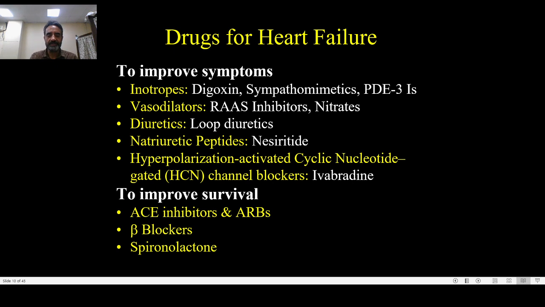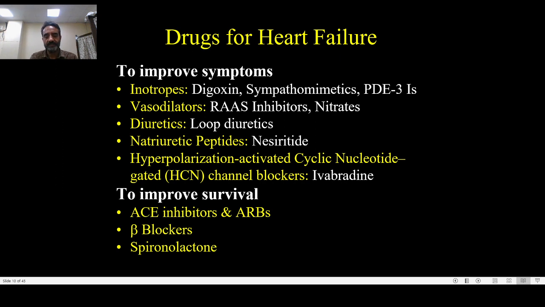Then vasodilators like renin-angiotensin inhibitors, nitrates, and some miscellaneous vasodilators like hydralazine. Then diuretics, loop diuretics are mainly used, although other kinds of diuretics like hydrochlorothiazide can be used also.